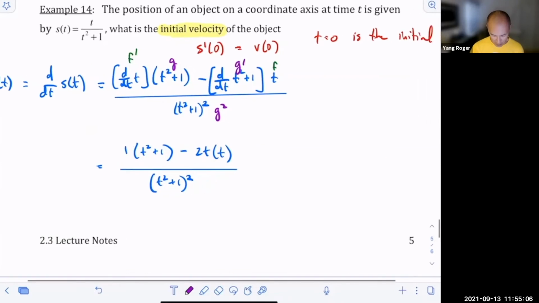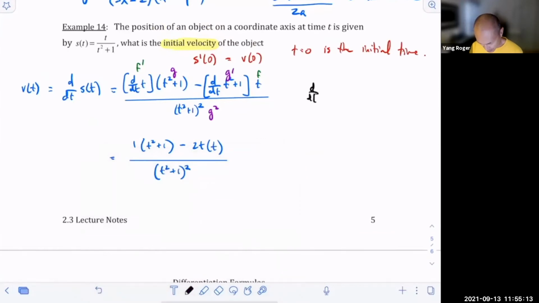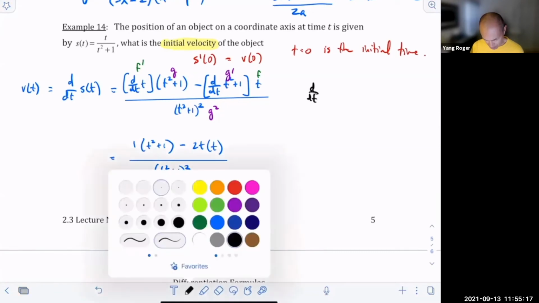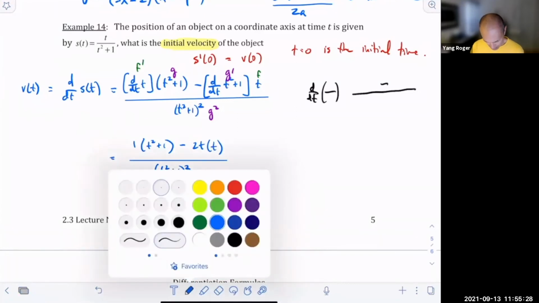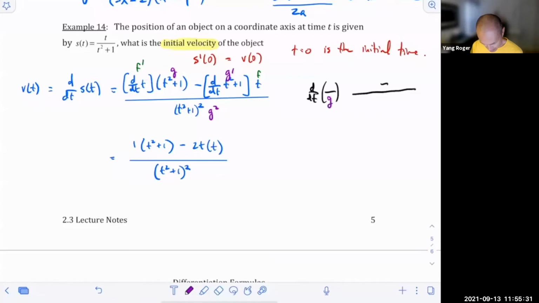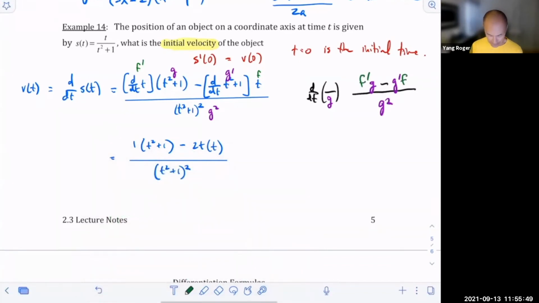So our quotient rule is the derivative with respect to t this time of F over G equals F prime G minus G prime F, over G squared. So this is our quotient rule.